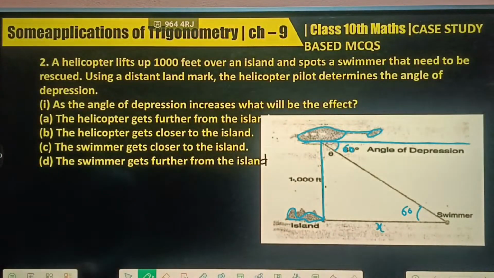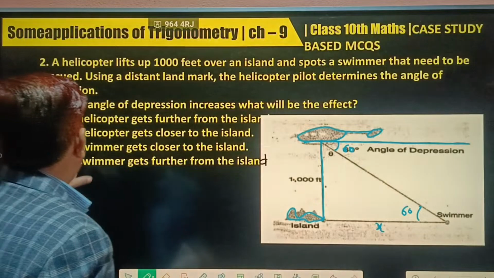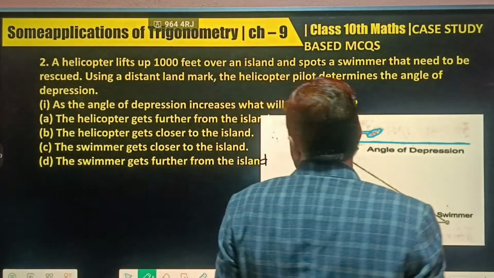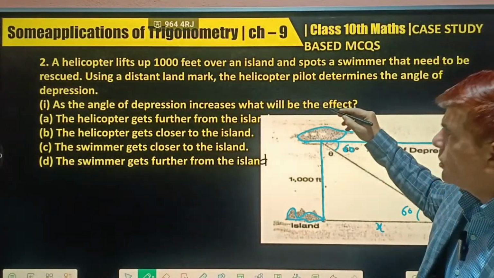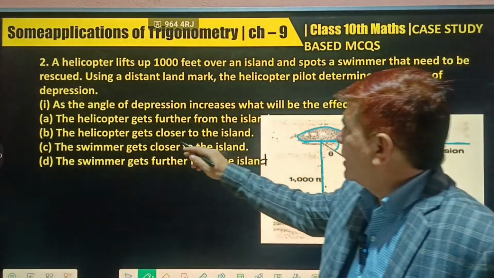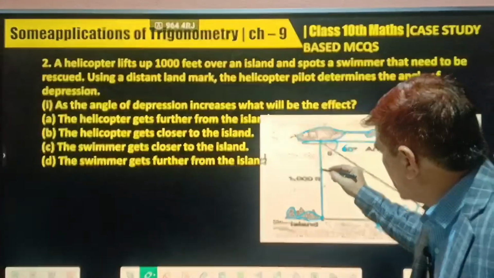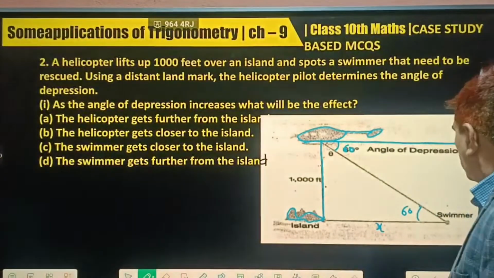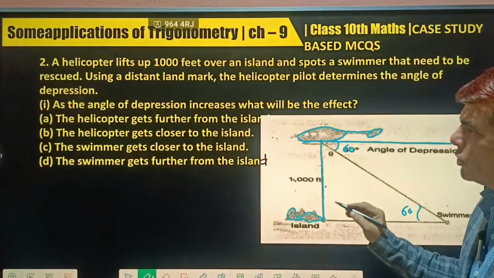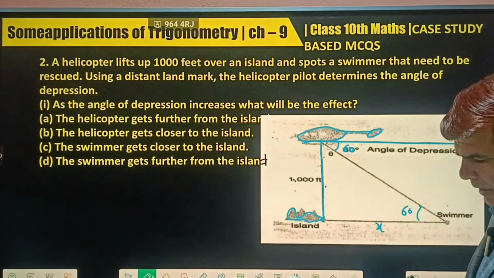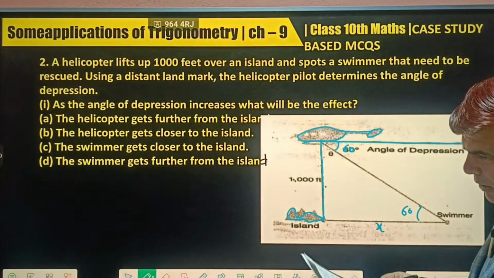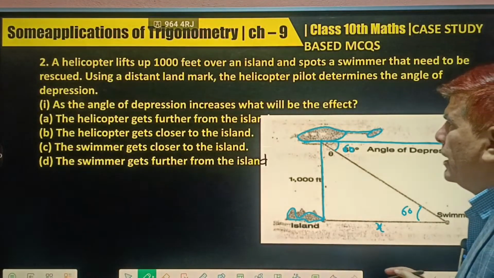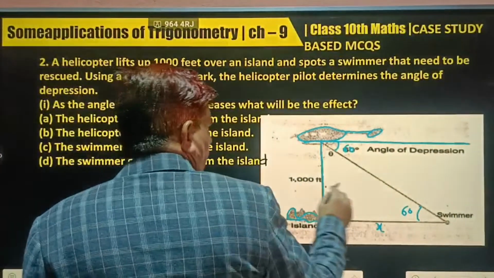As the angle of depression increases, what will be the effect? The helicopter gets further from the island, this distance increases. The helicopter gets closer to the island, this distance decreases. The swimmer gets closer to the island. The swimmer gets further from the island.